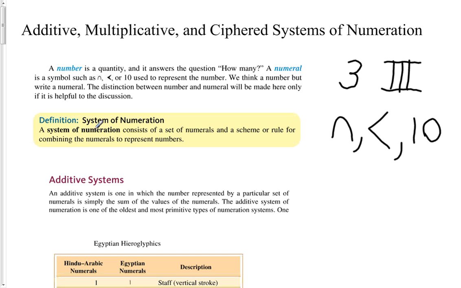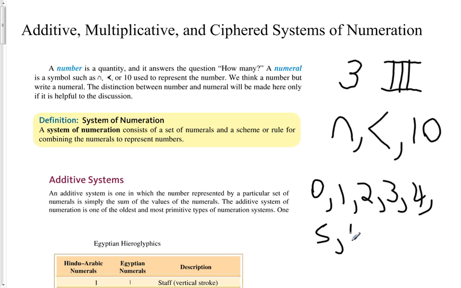Now, a system of numeration consists of a set of numerals and a scheme or rule for combining these numerals to represent numbers. In all the math that we learn, we use the numerals 0, 1, 2, 3, 4, 5, 6, 7, 8, and 9.